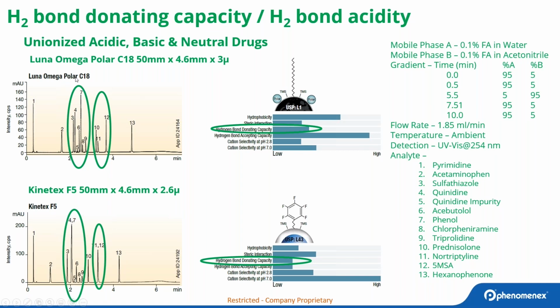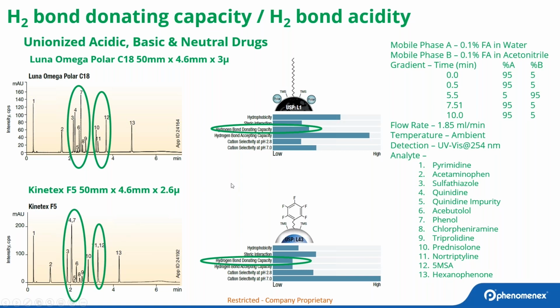So when we move to a polar C18 that has a higher hydrogen bond donating capacity, we can then get the separation that's needed. Although you will notice that there are some changes in the elution order, right? 7 goes from being right here to pushed back, and 12 is also being retained differently.